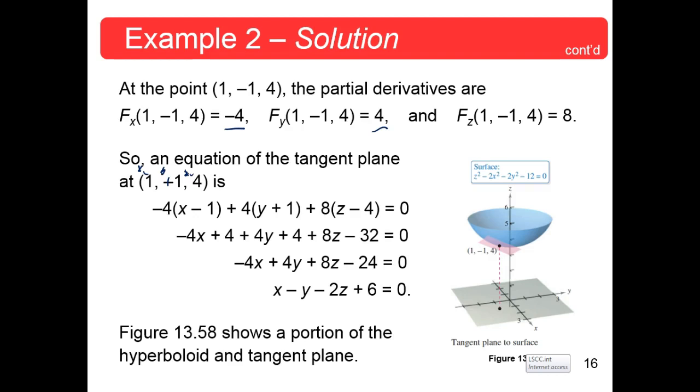I have a feeling they should have switched around like we did, because we had 4, minus 4, minus 8, and that looks more reasonable than what they've got. But anyway, this is a portion of the hyperboloid, and the tangent plane at that point touches at that point, doesn't touch anywhere else, but it has those characteristics.